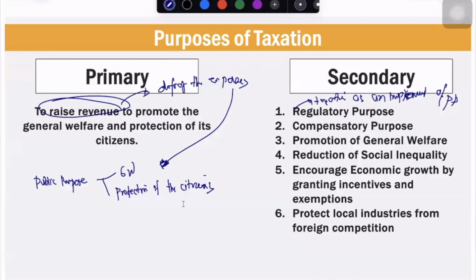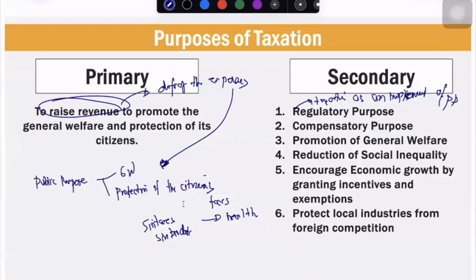And a portion of this will be used for health purposes. So it is a compensatory purpose. Why again? There are sin taxes on sin products, and we use the taxes collected on these sin products for health purposes. So we tax something to compensate for health purposes.